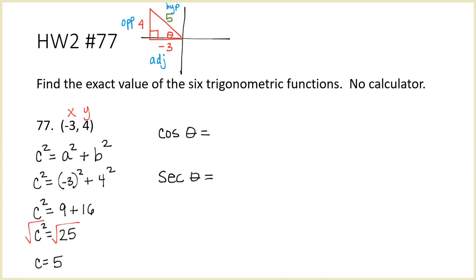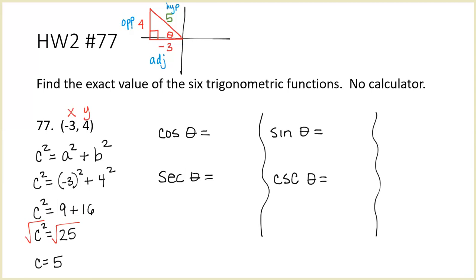After that, we're going to move on to the sine and its sister, and then tangent and its sister. So take about a couple minutes, see if you can fill in those 6 ratios, and then we will go through them together.